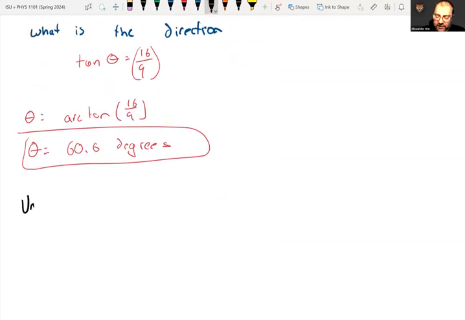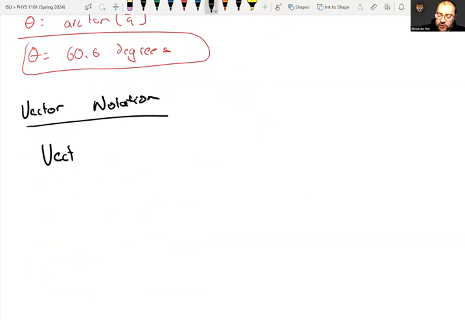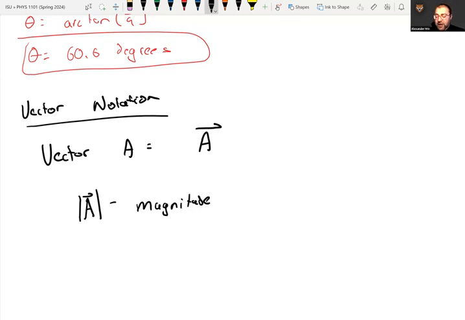One last thing I want to talk about is vector notation. Basically, a vector A is written like this, A with an arrow over the top of it. That indicates that it is a vector, which means it can either be expressed as a magnitude and an angle, or it can be broken into components. If you put an absolute value around it, this is just the magnitude of A. That's stripping it of the angle, and you're just looking at the magnitude.